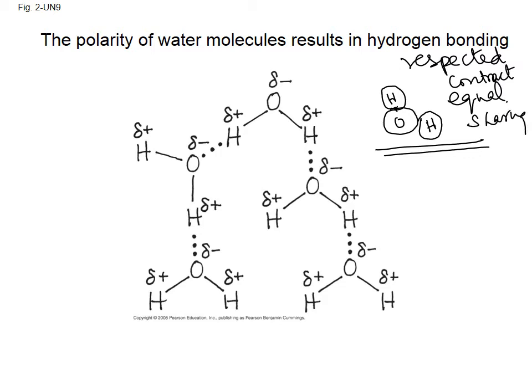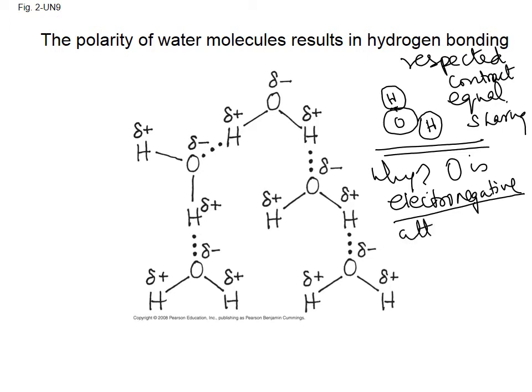But that is not to be. Why? Oxygen is very, very electronegative, which means it attracts electrons towards itself, which means it really does not wish to part with the electron once it has them. And poor hydrogen, what will it do?